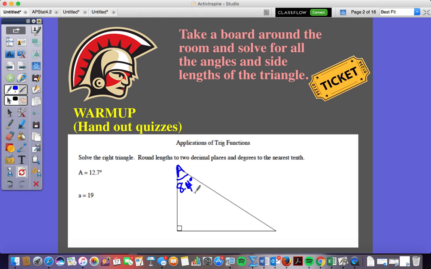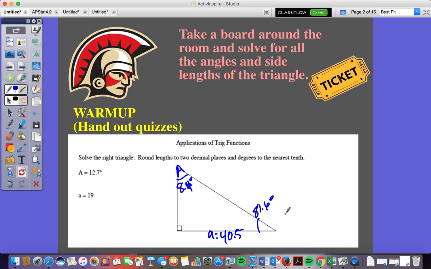And across from it, side A was 40.5. And angle B, I don't think they gave that to us, did we? We could subtract from 180. 90 plus 8.4 subtracted from 180 gets me 81.6 degrees.